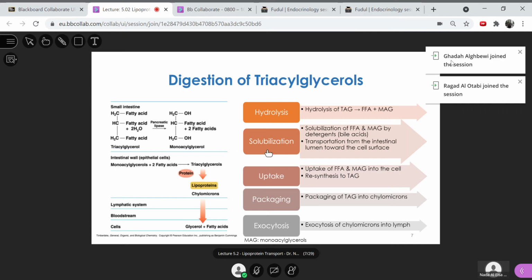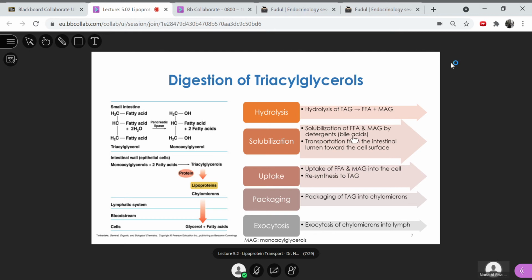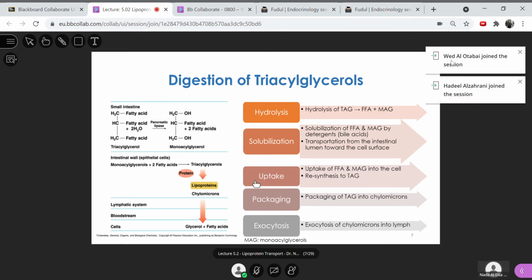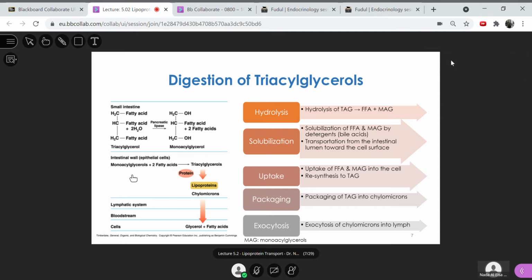Then these products are solubilized by the detergent action of bile acids and then transported from the intestinal lumen to the cell surface of the intestinal cells. Then they are taken up into the intestinal cells, the epithelial cells of the intestinal wall, in the form of two fatty acids and monoacylglycerides.